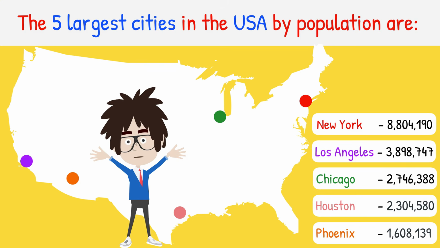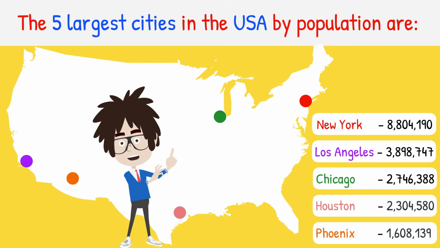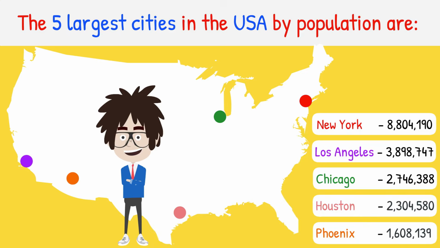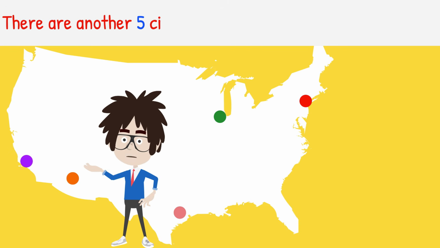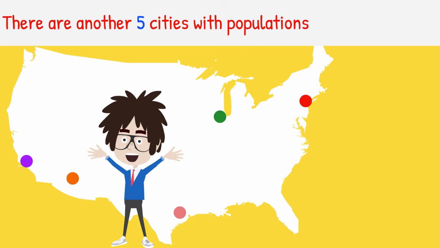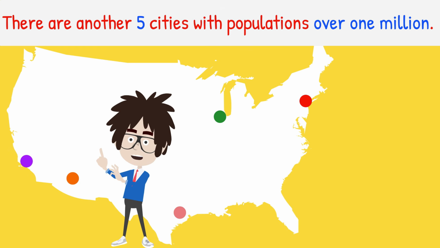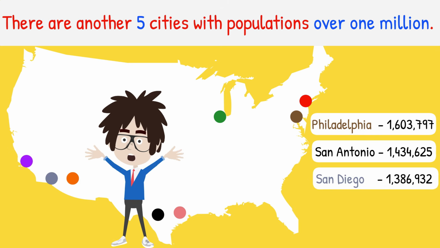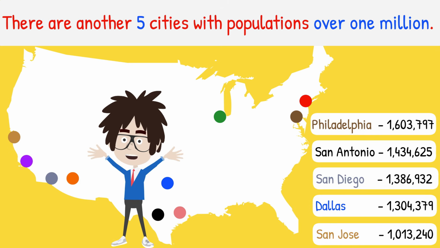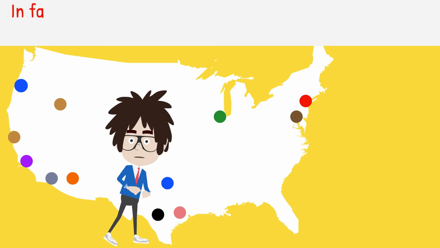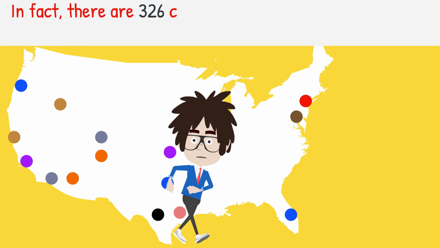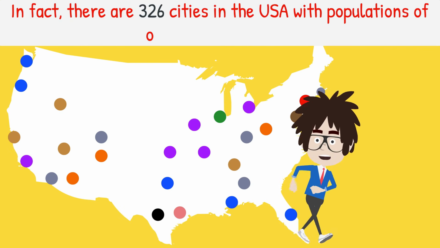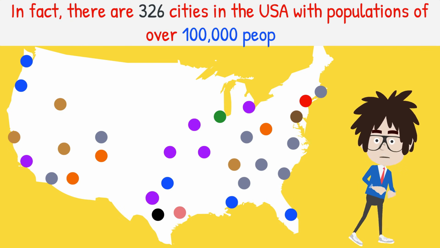And New York has a whopping 8,804,190 people. There are another 5 cities with populations over 1 million in the USA: Philadelphia, San Antonio, San Diego, Dallas, San Jose. In fact, there are 326 cities in the USA with populations of over 100,000 people.